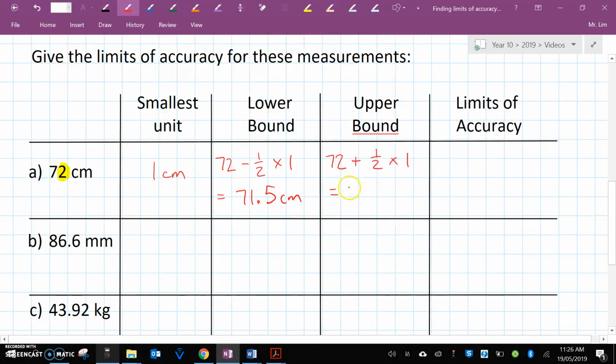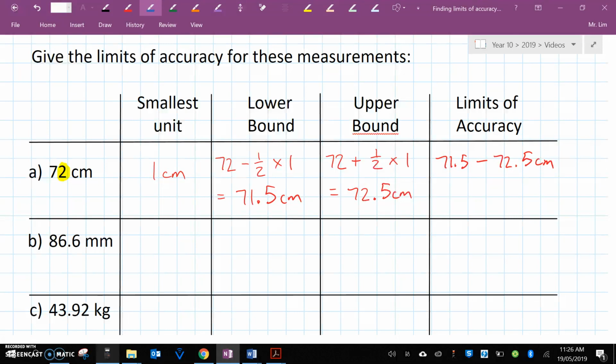Put that in the calculator and you get an answer of 72.5 centimeters. That means the limits of accuracy is 71.5 to 72.5 centimeters. Okay, that's a range, not a minus sign.